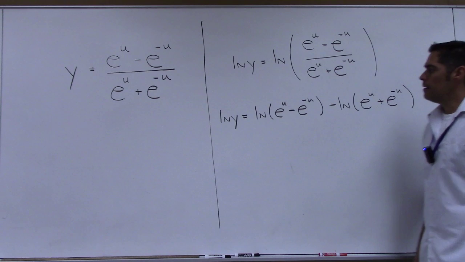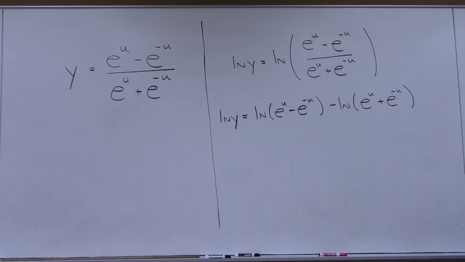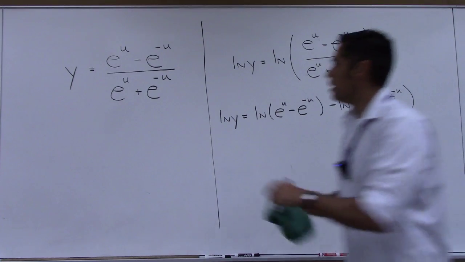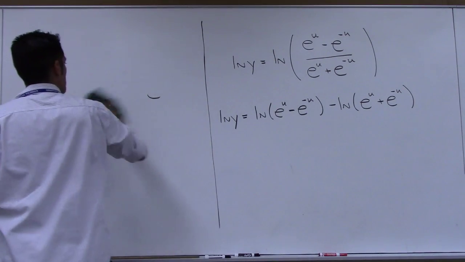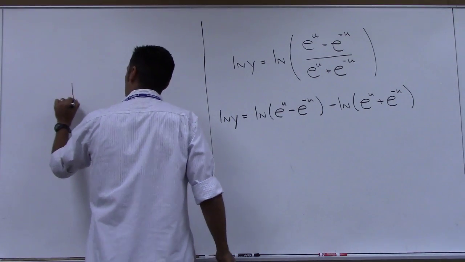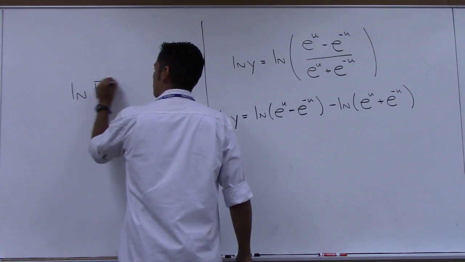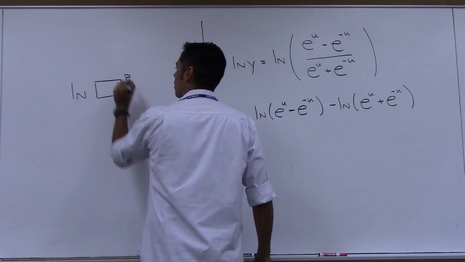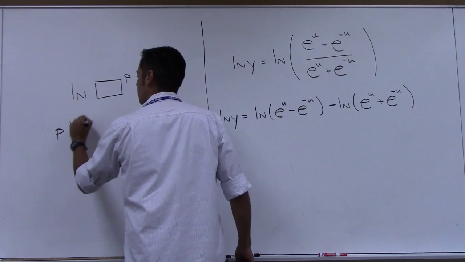Yes? So we would have no choice if we continue down this road to just differentiate at this point, right? You couldn't take the u's out, like put them in front of the ln? Good point. Remember, the property says if you have natural log of something, it doesn't matter what it is, to a power, that the power can come out.